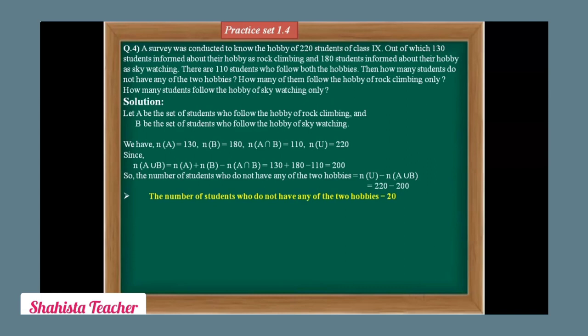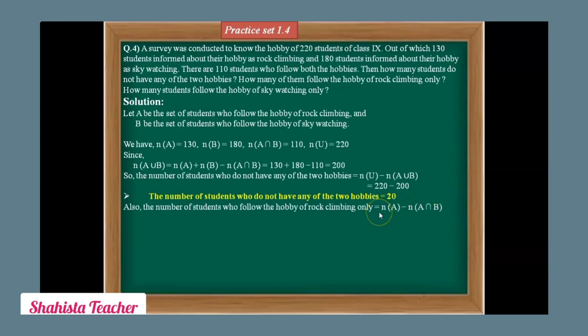For rock climbing, number of A minus number of A intersection B. We get the number of students who only have the rock climbing hobby. Students who have both hobbies will come under intersection.